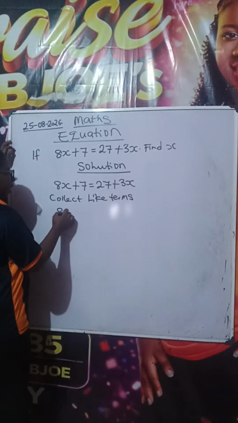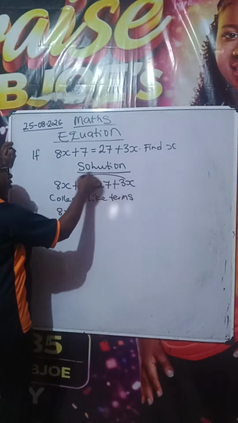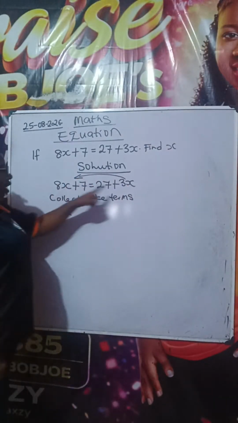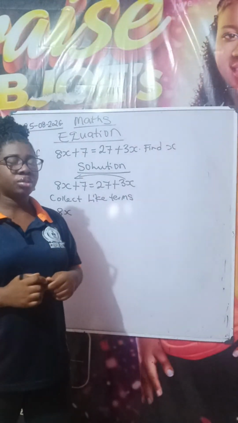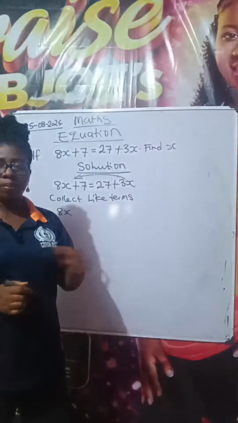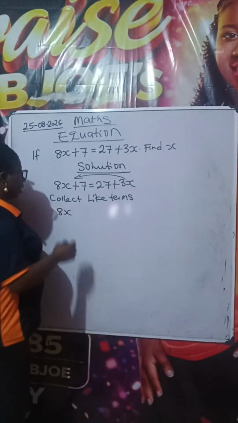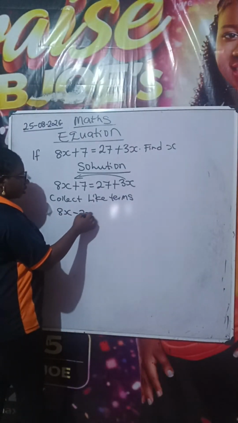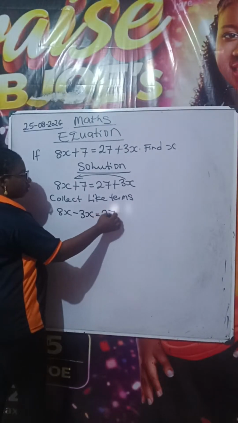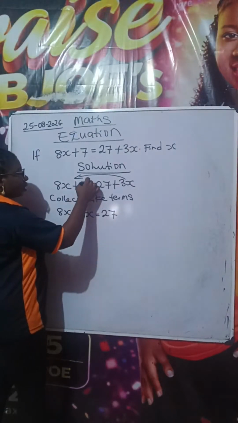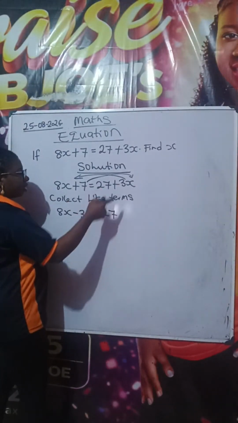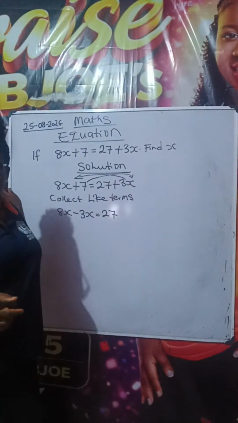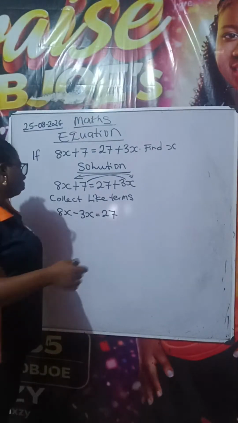Then we have 8x. I'm bringing this 3x to this side, and once I bring 3x to the other side, it's going to be minus. So we are getting 8x minus 3x equals 27. Then this 7, I'll move this 7 to the right. When I move 7 to the right, it's going to be minus.